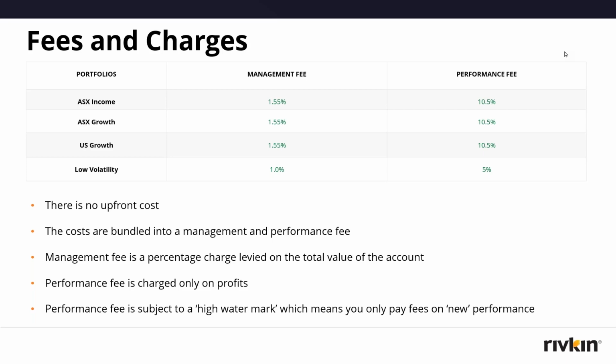And then that's taken into account setting your new high watermark a little bit below 109,000. And what that means is, unless the portfolio value then exceeds that level, no performance fees are charged. So that's why we have a high watermark, to ensure that it's only paid against new performance on profits.